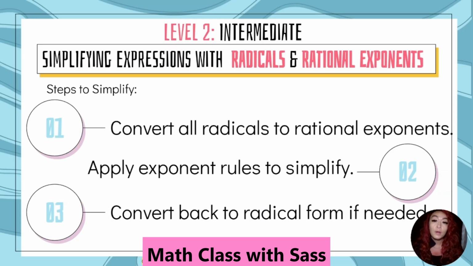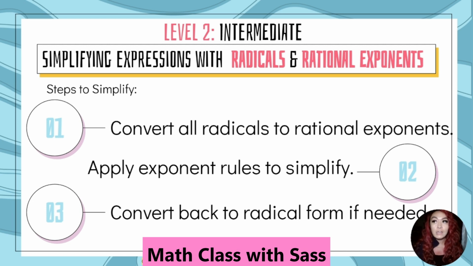So in Level 2, we're going to continue to simplify expressions with radicals and rational exponents. Here are the steps you need to take to simplify. You'll convert all radicals to rational exponents. That way, you can apply the exponent rules to simplify. And then you can convert back to radical form if needed.